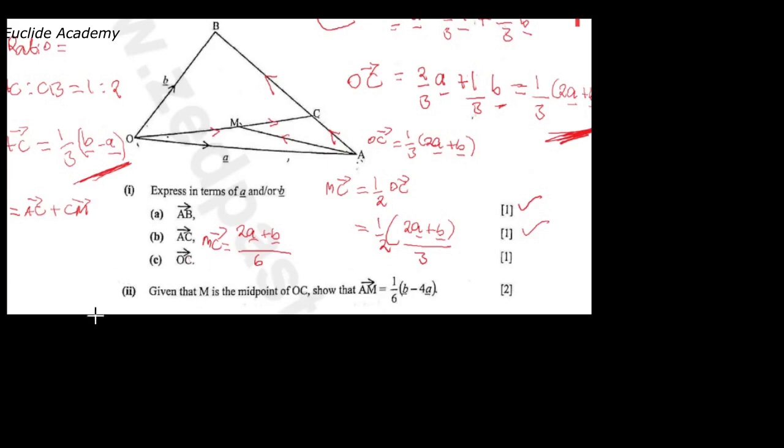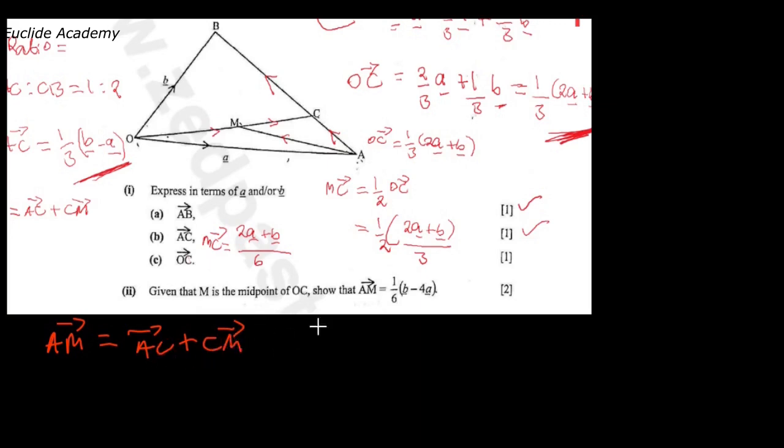So this is AC plus CM to give us the vector AM. So we said the vector AM is equal to the vector AC plus the vector CM.